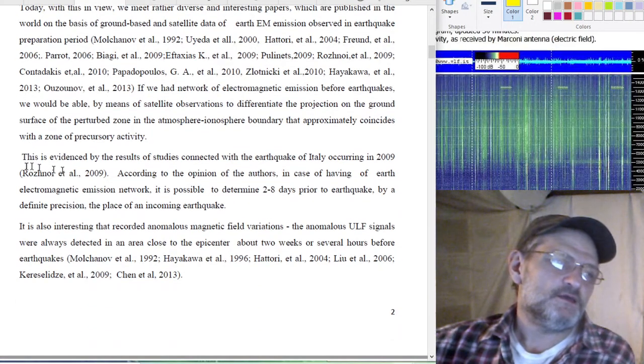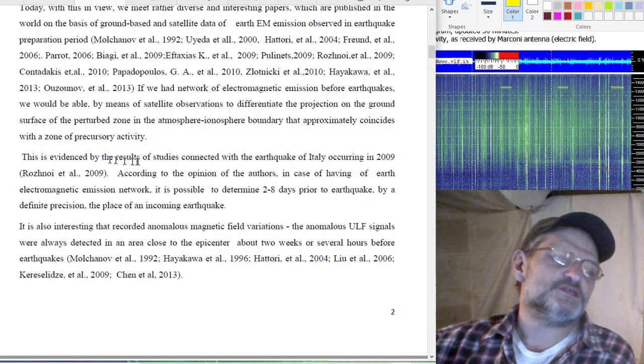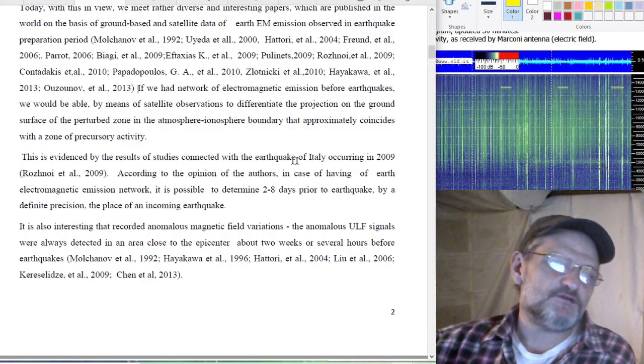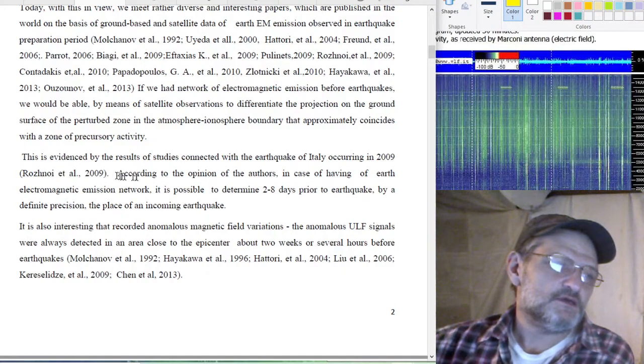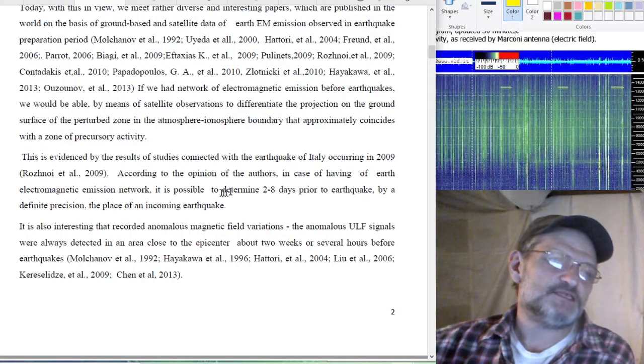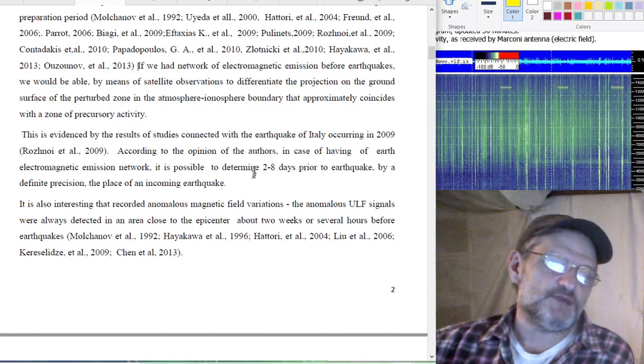This is evidenced by the results of studies connected with the earthquake in Italy in 2009, according to the opinion of the authors. In case of having an Earth electromagnetic emission network, it is possible to determine 2 to 8 days prior to an earthquake, with a definite precision, the place of an incoming earthquake.